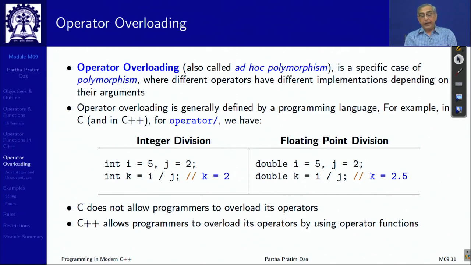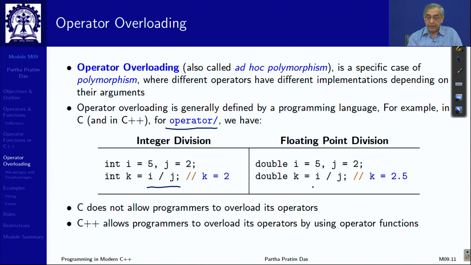In a programming language, if you look at your built-in types in C, you already have a lot of overloading. For example, think about operator division. If you have i and j which are integers, you write i slash j, the result is 2, because it is an integer division.